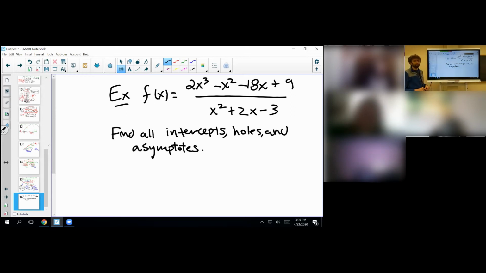What you should be doing at home now is seeing if you can guess what I'm going to do next at every step. But this is what I want to do: find all the intercepts, holes, and asymptotes. So let's start by factoring this. We're going to factor this.